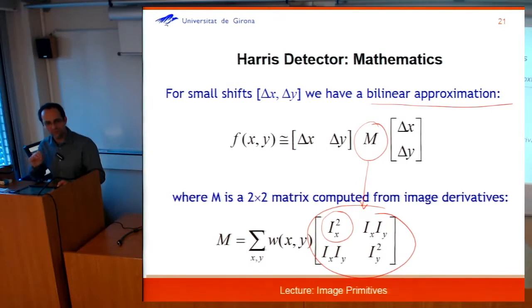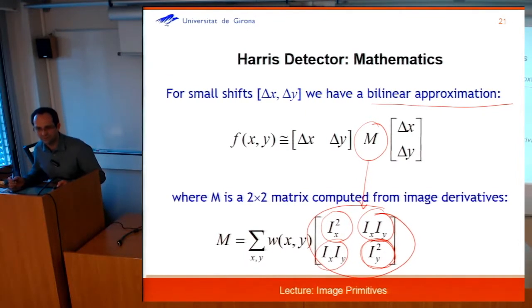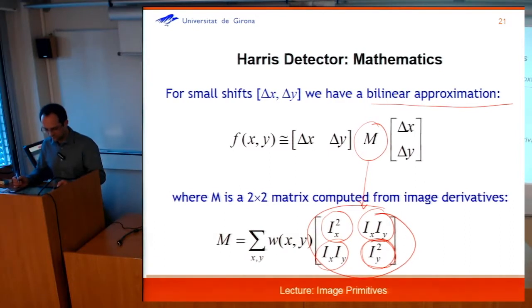So I do the square of the derivative in the x direction. And this is the derivative of my image in the y direction. And then I have the cross derivatives xy in the off-diagonal components of this matrix.